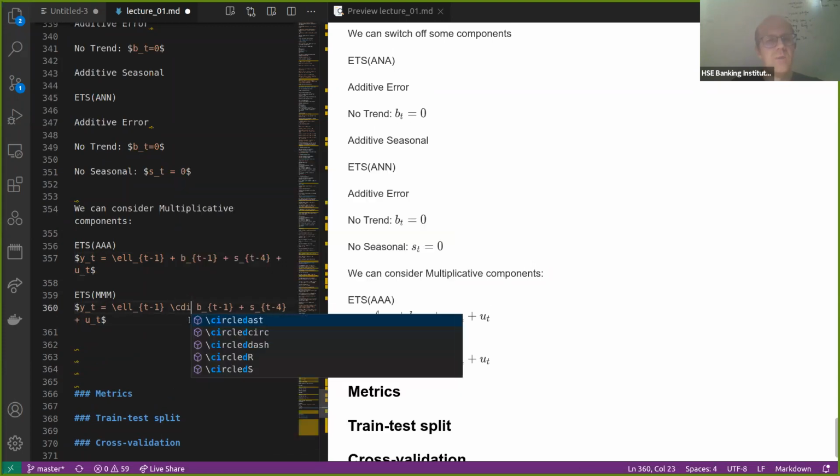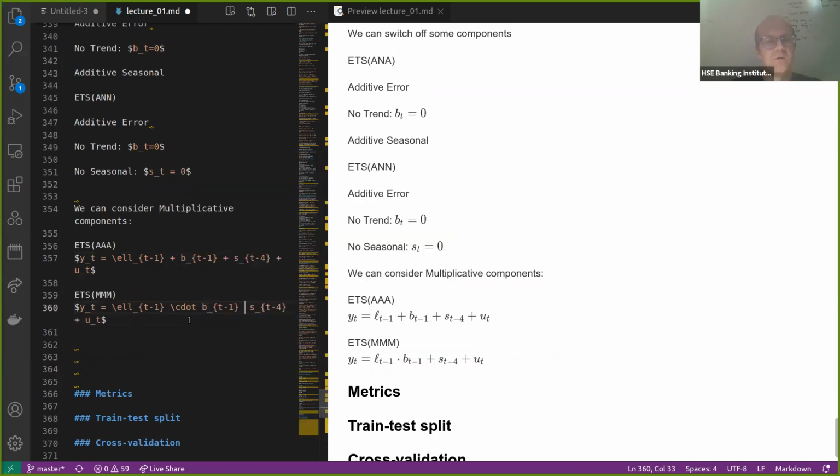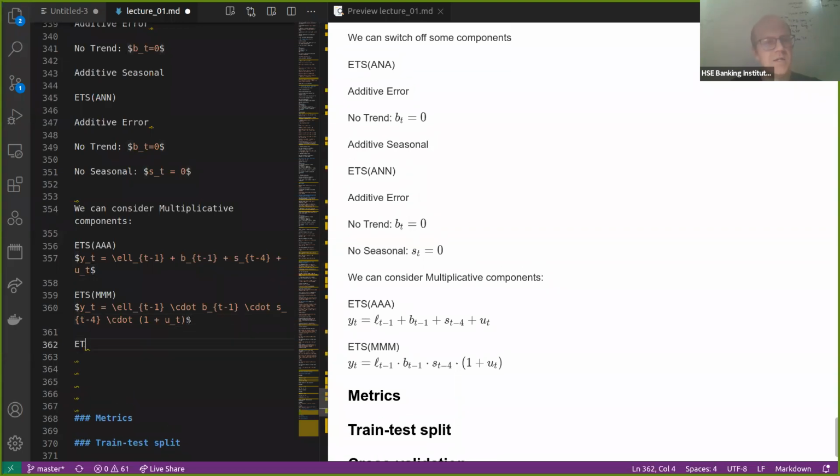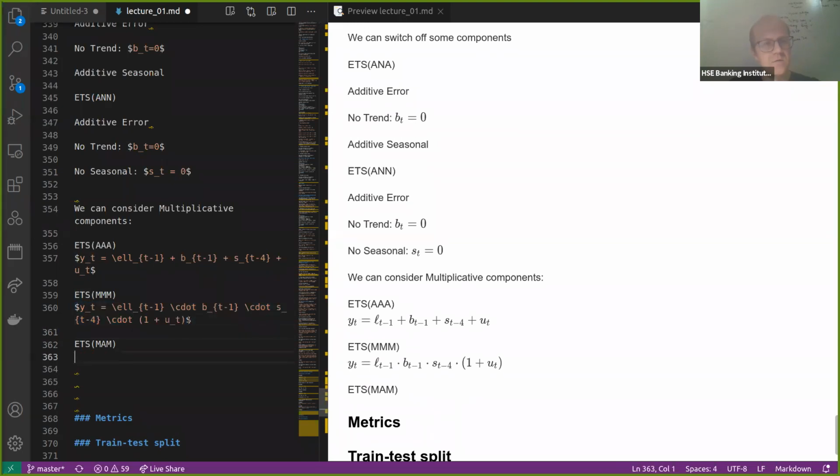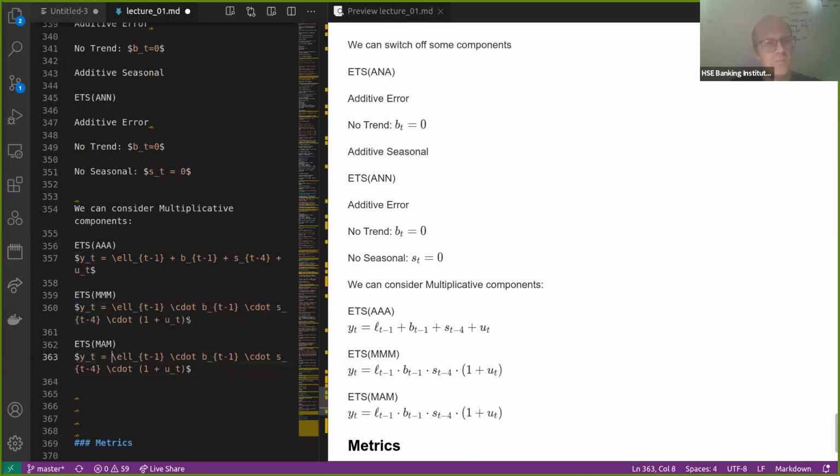You will have multiplicative effect here, multiplicative effect there, and multiplicative effect for UT like this. Or you can combine effects, something like ETS MAM will have additive trend plus times ST times 1 plus UT.